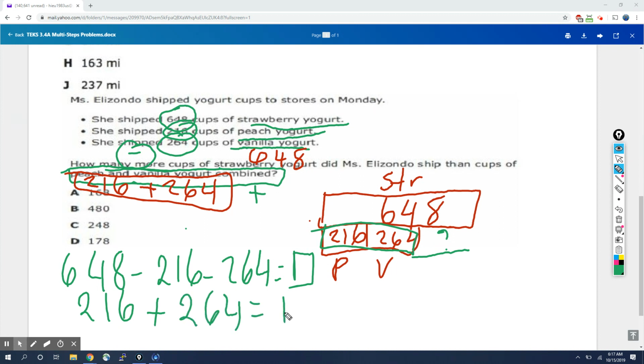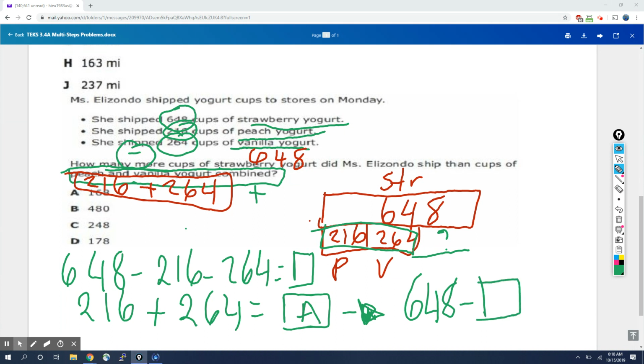Whatever answer you find right here, then you're going to take 648 take away this answer that you just found, and that will be the answer to the problem. Does that make sense? So I'm going to leave you this way.